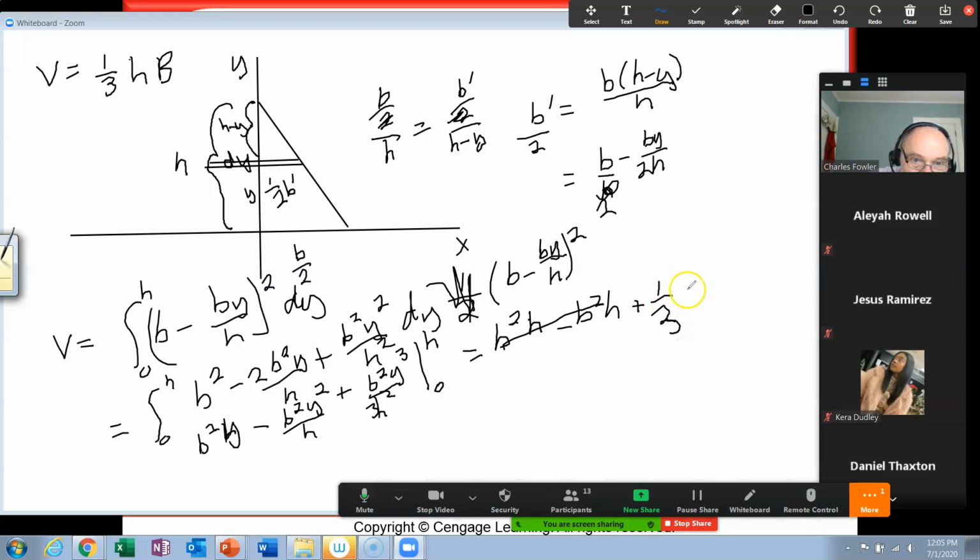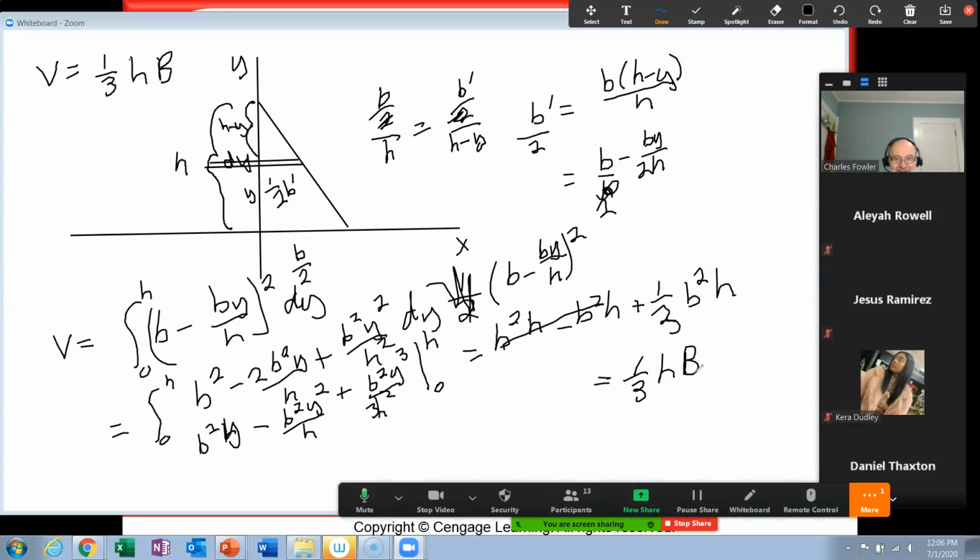Okay, 1/3 b squared times h. Well, guess what? B squared is your capital B. So that is indeed the same as 1/3 h times capital B, because capital B is the area, b squared. We've just proven that.